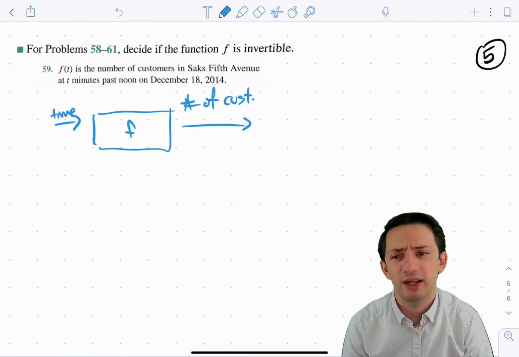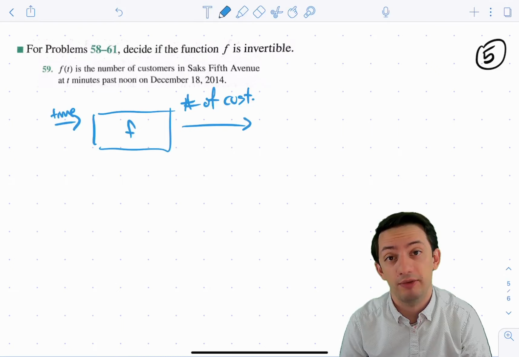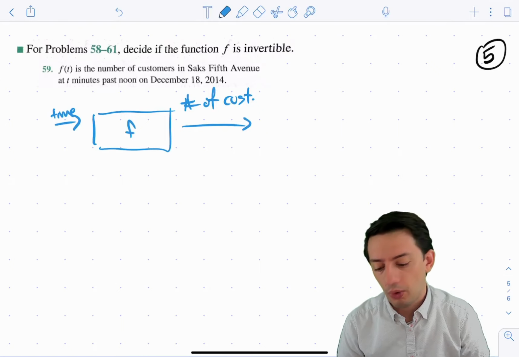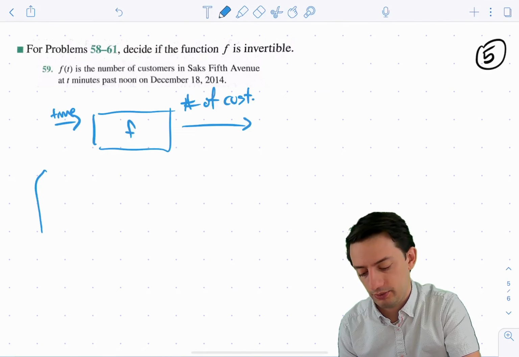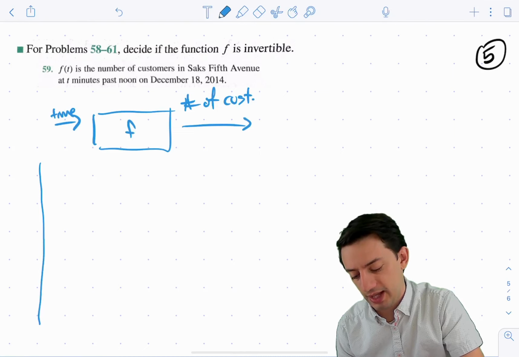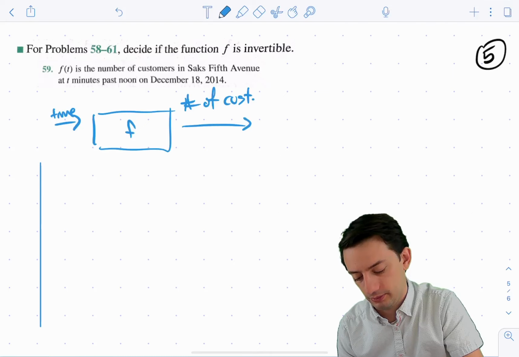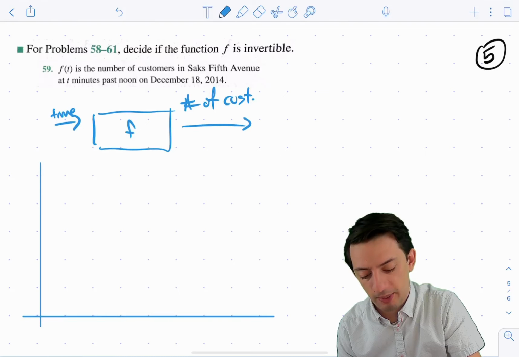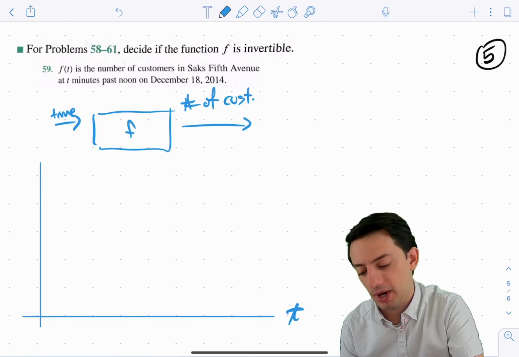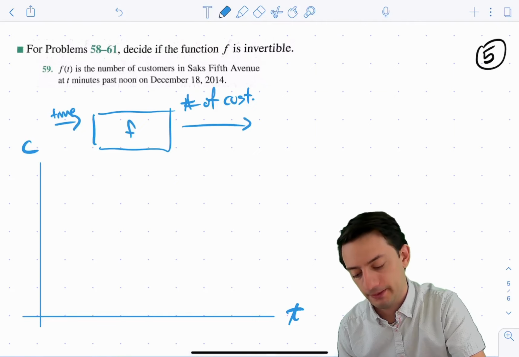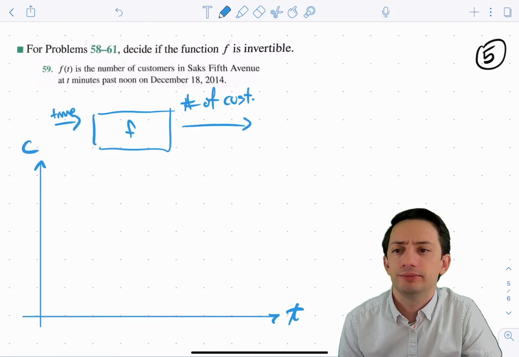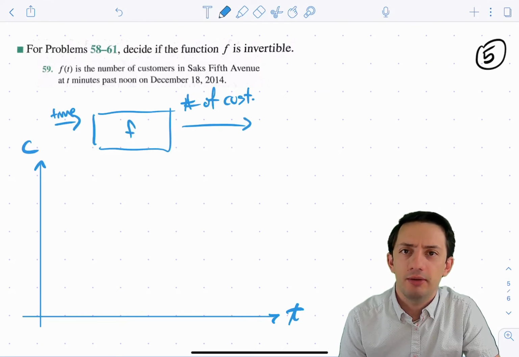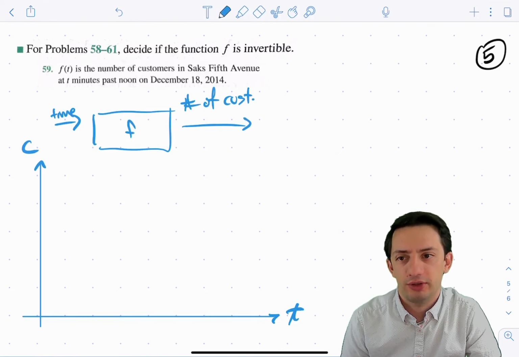And so you have to think, is this a process that could be invertible? Well, one way to think about that is, if we don't know what the graph is, of course, but let's imagine that we had some graph. We only need to worry about positive times and positive numbers of customers. And the question we want to answer is, should this pass or fail the horizontal line test?